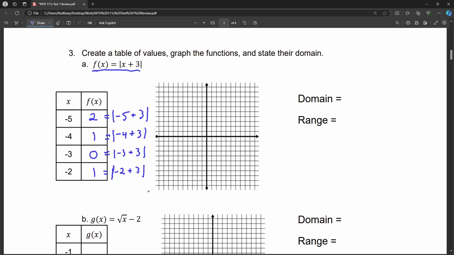Let me look at the first point here. In this scenario, I'll indicate that every tick mark on this graph is equal to 1 unit. Actually, maybe I'll say every 2 is equal to 1 unit.